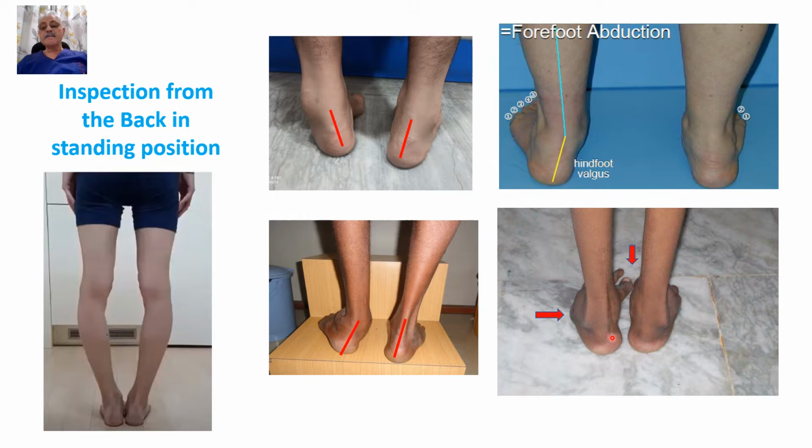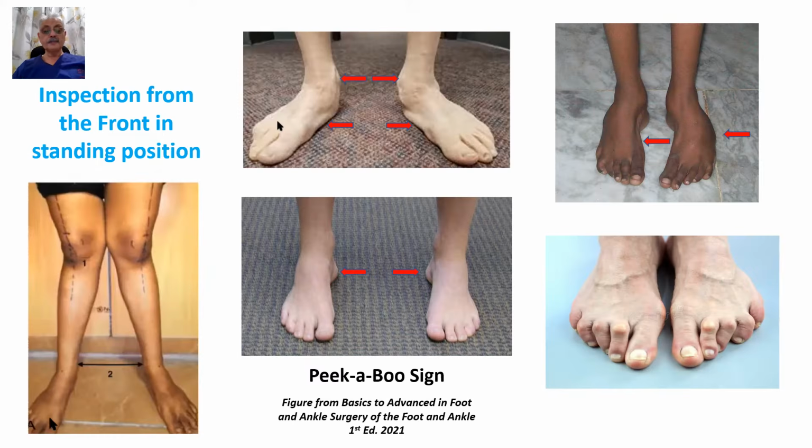And then the lateral outer border may be convex where the foot is adducted, and you can see the toes on the inner side. So inspecting from the back, you get an overview of the alignment of the hindfoot, as well as you can assess adduction as well as abduction deformities of the midfoot and the forefoot.